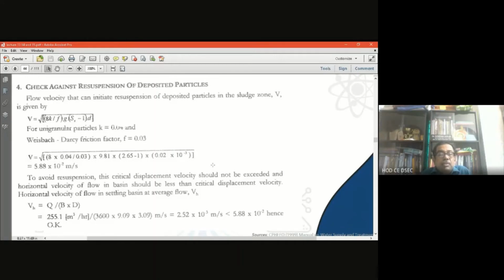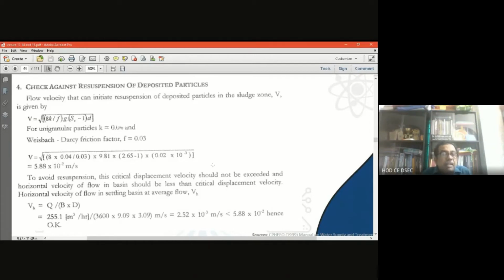That means what I am trying to tell you is that the horizontal flow velocity should be less than the critical displacement velocity. Why does it have to be checked? Otherwise, the redeposition of the particles in the sludge zone will take place. What we have to check in the design? We have to check the horizontal flow velocity should be less than the critical displacement velocity.